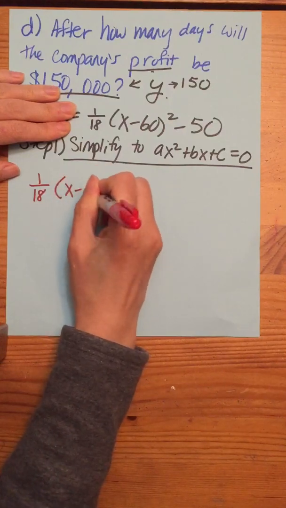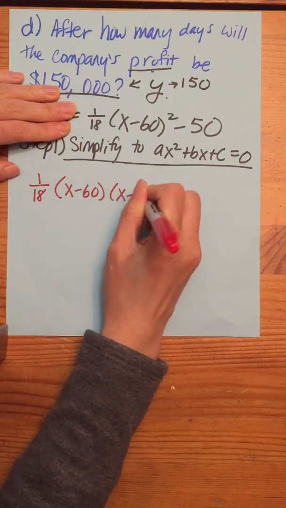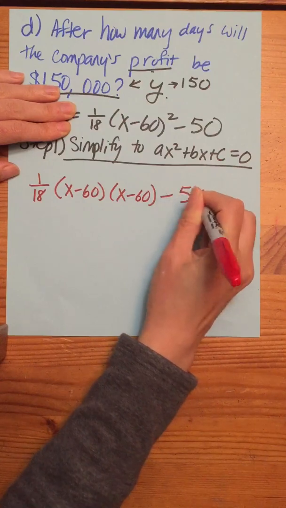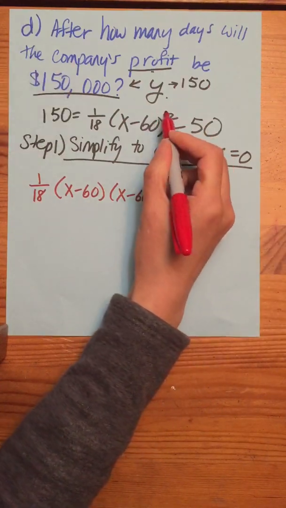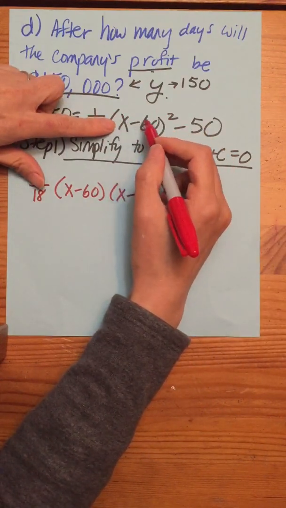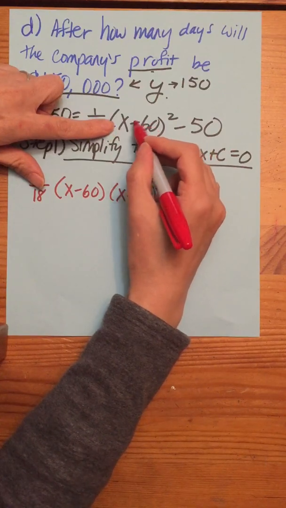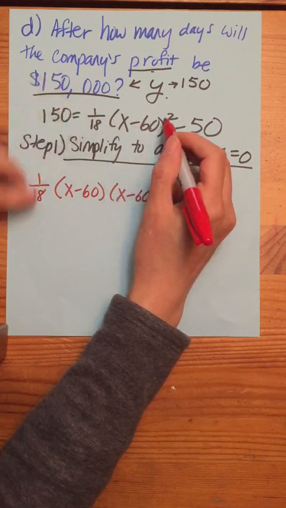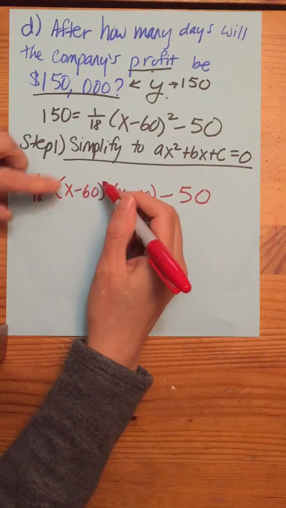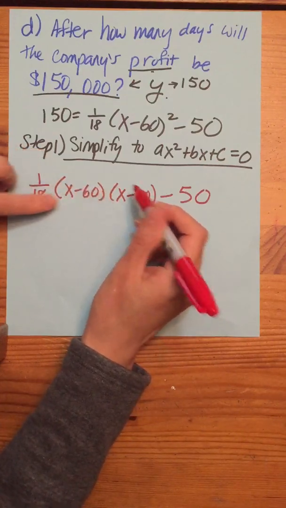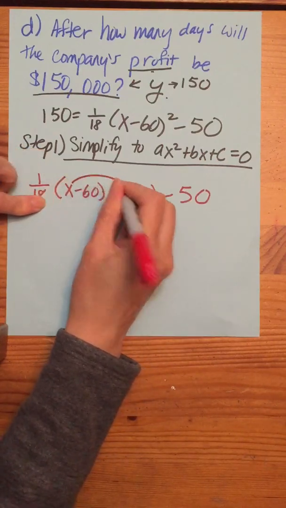X minus 60 has to be written twice so that I can multiply it out. As a refresher, you can't just square X and 60 and take a shortcut because there's a minus sign. If there's adding or subtracting inside the parentheses, you have to actually write X minus 60 twice and FOIL it. So I'm going to do that.